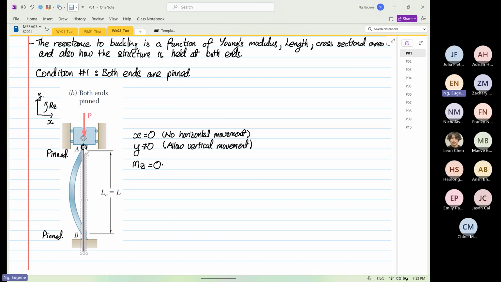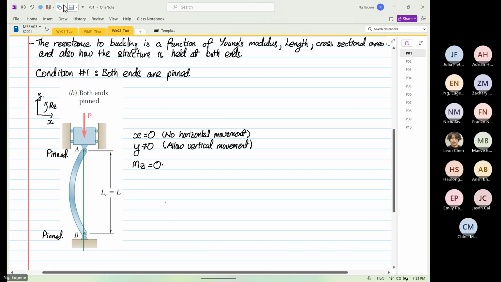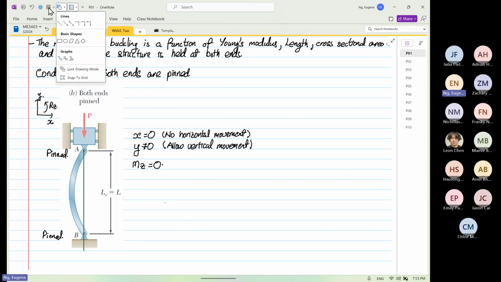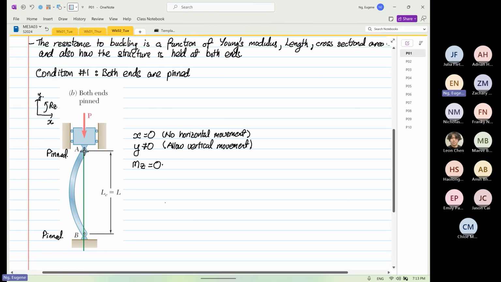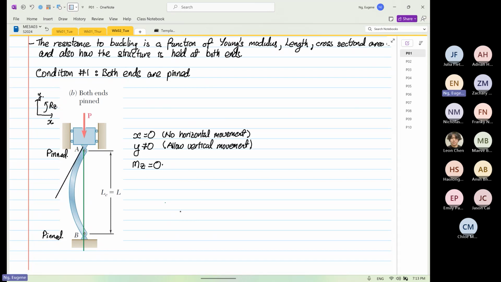At point A, if you look at the slope, there's a slope at this orientation, so there's a theta down here.